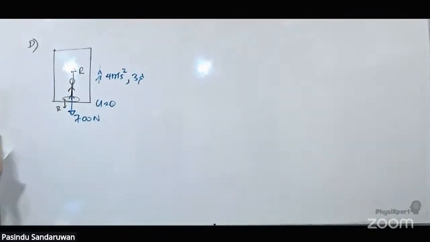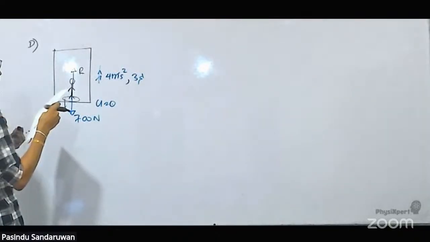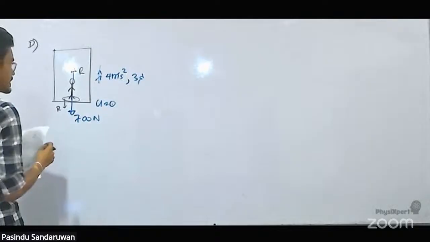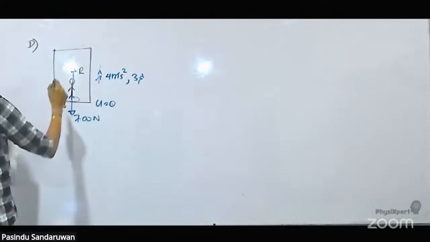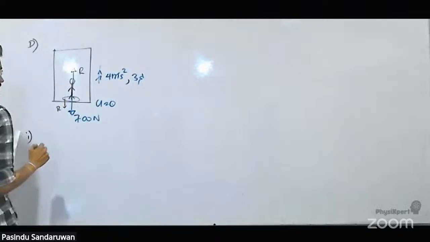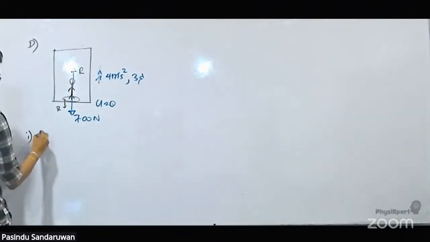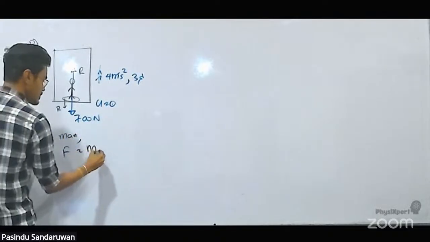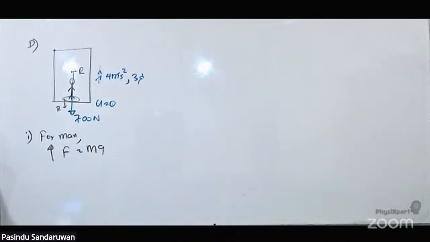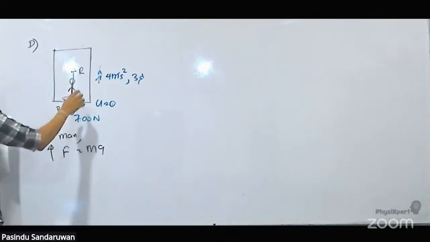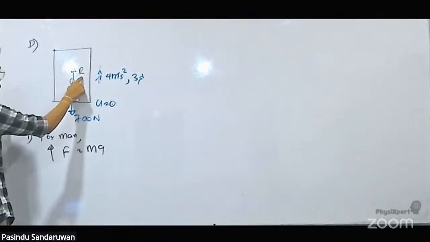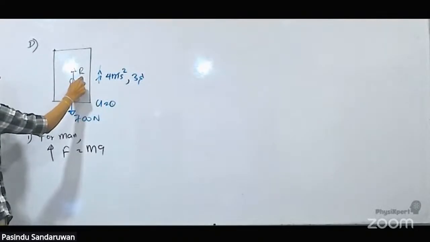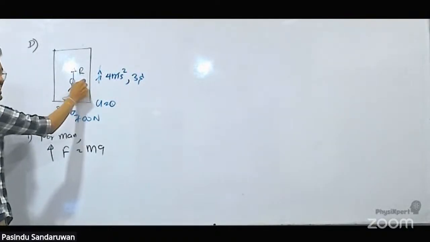First one. Calculate the apparent weight of the man when the elevator is accelerating. Let's assume the respective reading is R1 when it accelerates. For the man, upwards, F equals ma. Tell me about this force R. Does it belong to the man or the pan?